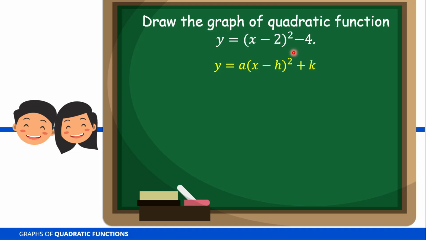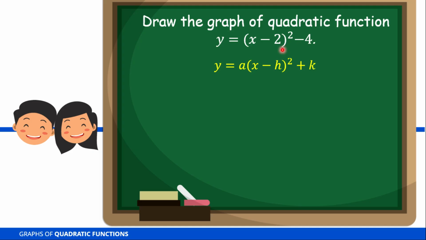Ang pattern natin para sa vertex form, kung ating maaalala, ay y is equal to a times the quantity x minus h squared plus k. So, kung kukuhanin natin yung h at saka yung k sa ating given, mabilis nating makikita or malalaman kung ano ang vertex.